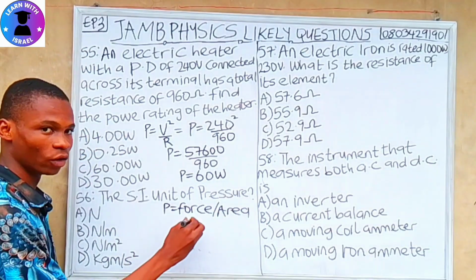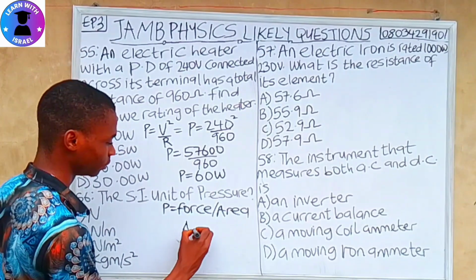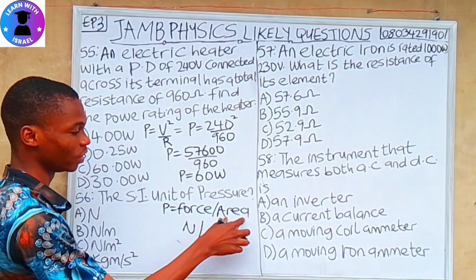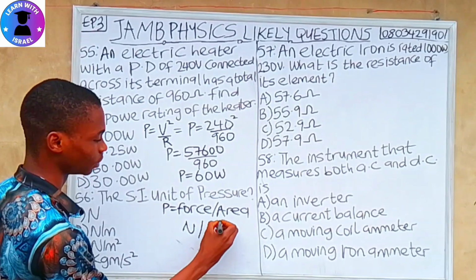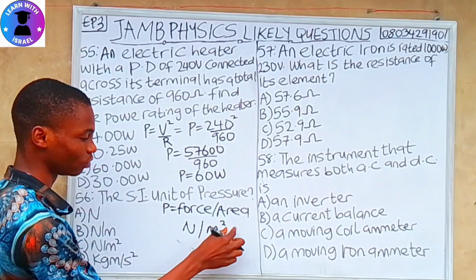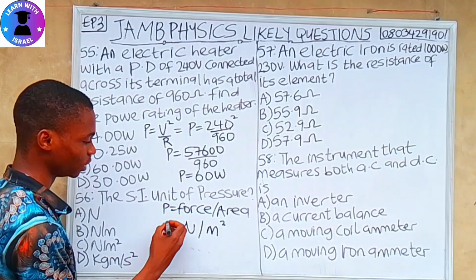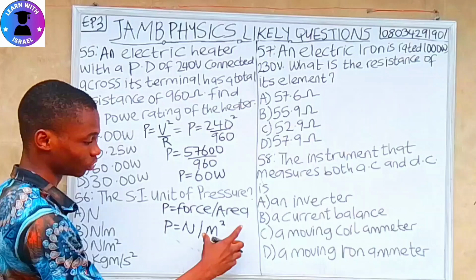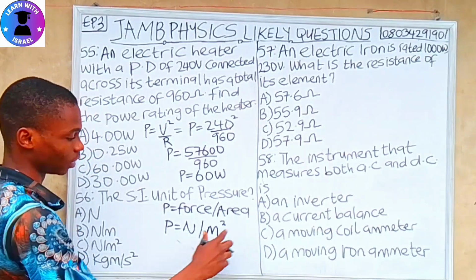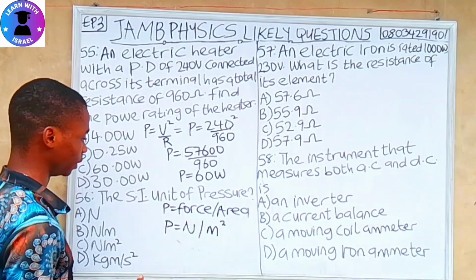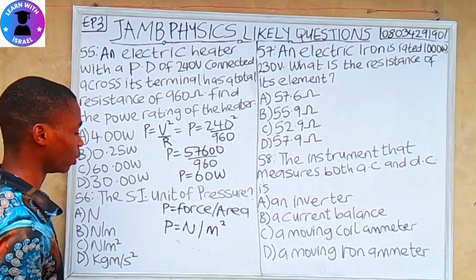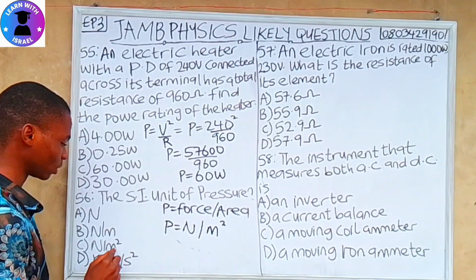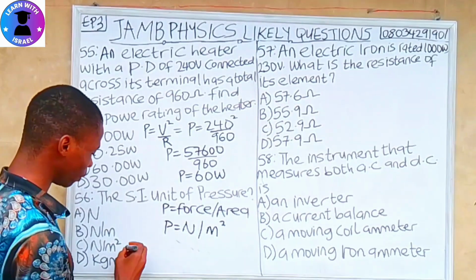The unit for force is Newton, while the unit of area is meter square. So pressure equals Newton per meter square. I hope you understand that now. If we check our options, we find Newton per meter square in option C, which is the correct answer.